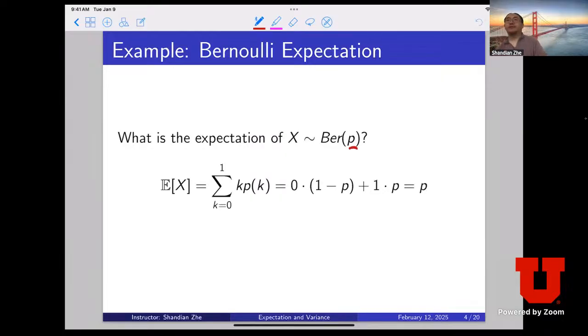So here P parameterizes this Bernoulli distribution and gives us the probability you see success. We say a random variable X follows a Bernoulli distribution parameterized by P. It means that the probability X equals 1 is P, and the probability X equals 0 is 1 minus P. Can X take 3?